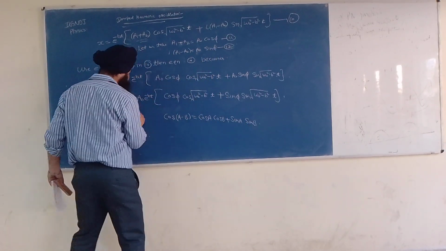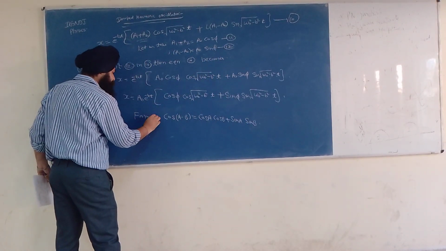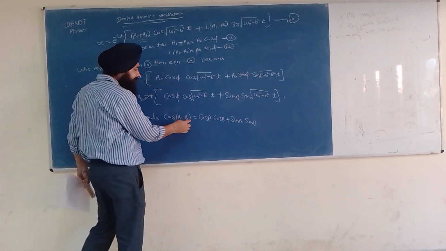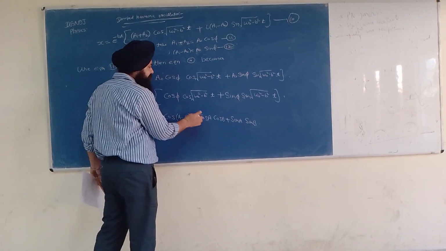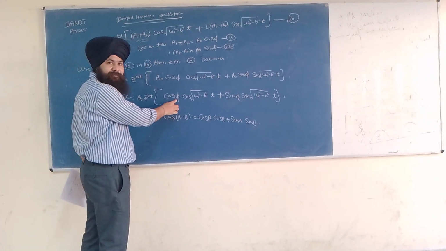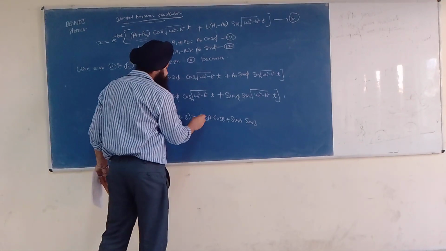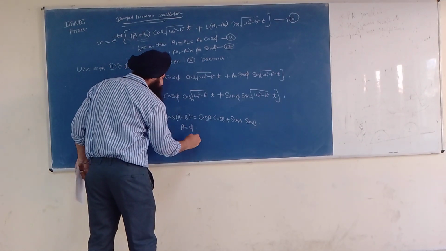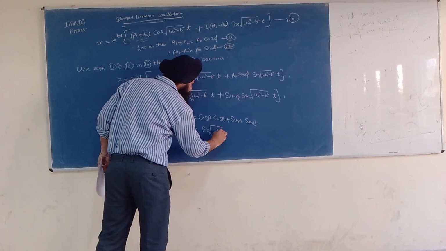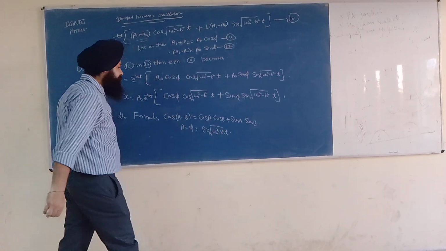This is the formula. What is a here? A is phi, and what is b? A is phi and b is square root of omega naught square minus b square into t.